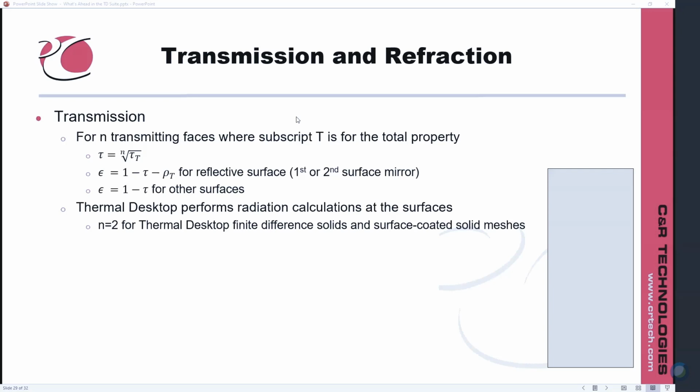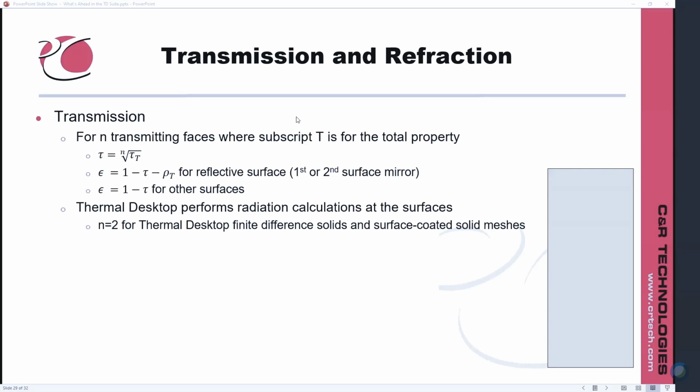And that makes things a lot easier for everything else, where you simply use an emissivity of 1 minus transmissivity. So if you ignore reflections, you've got two simple things. You have the transmissivity of the surface, which is based on the total transmissivity. And then you have the emissivity, which is simply 1 minus the local transmissivity.